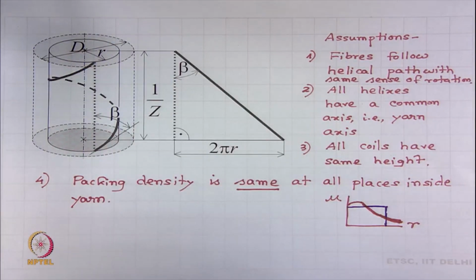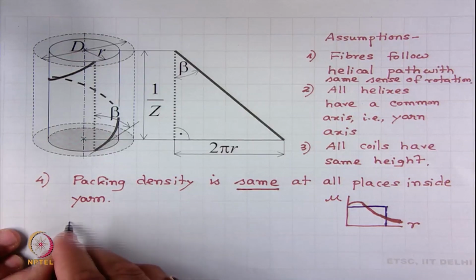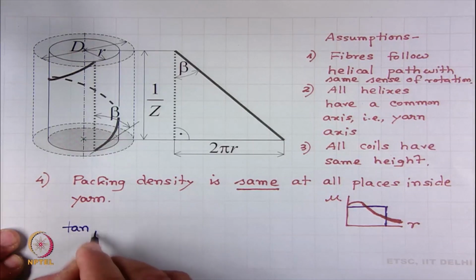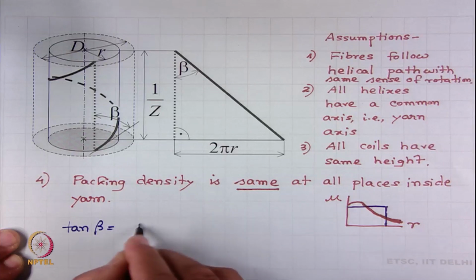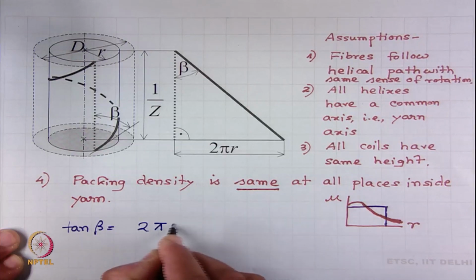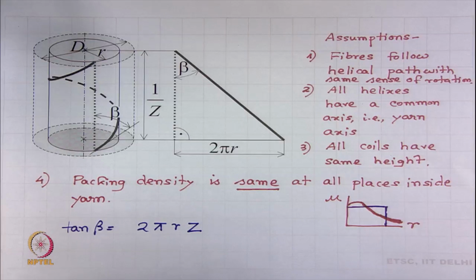So, what we obtain is tangent beta is 2 pi r z. So, this is the concept of the helical model.